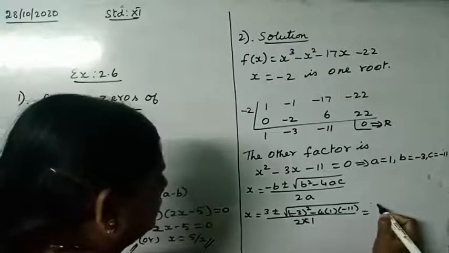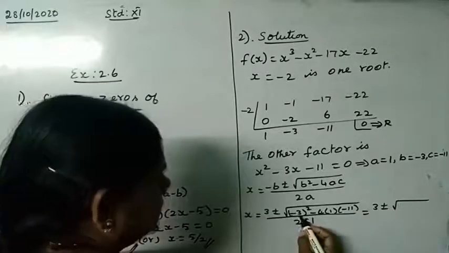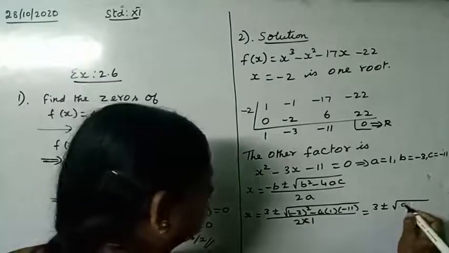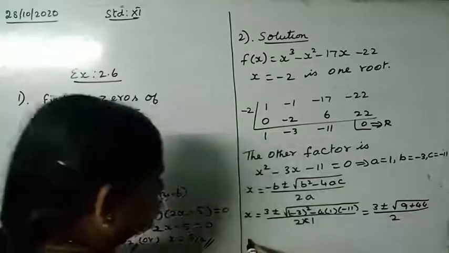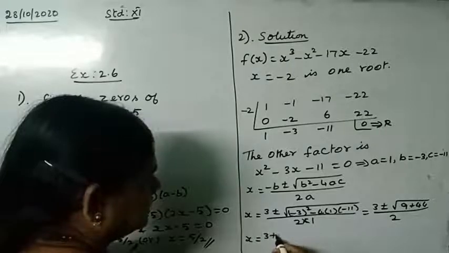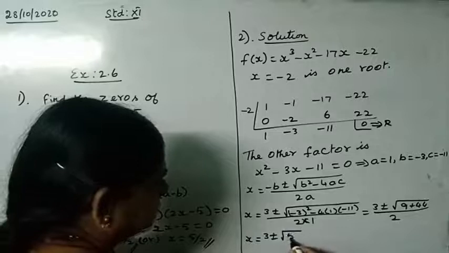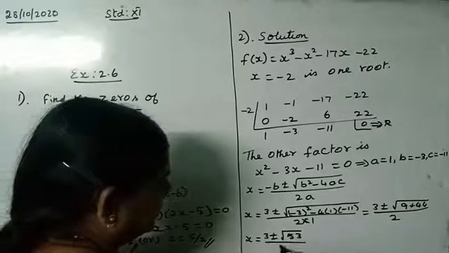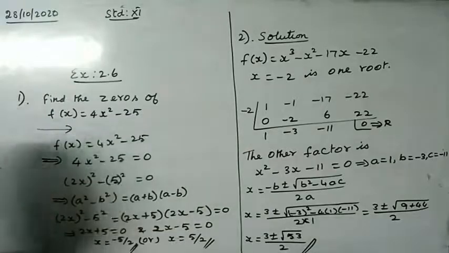So which is equal to 3 plus or minus square root of 9 plus 44 by 2. So x is equal to 3 plus or minus square root of 53 divided by 2. So these are the required roots.